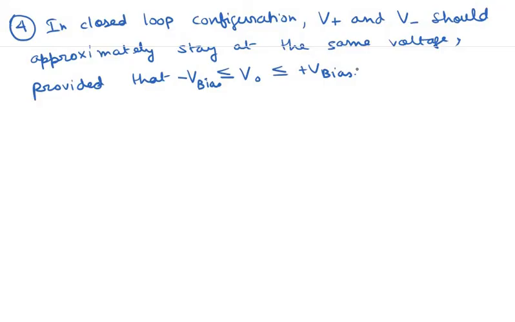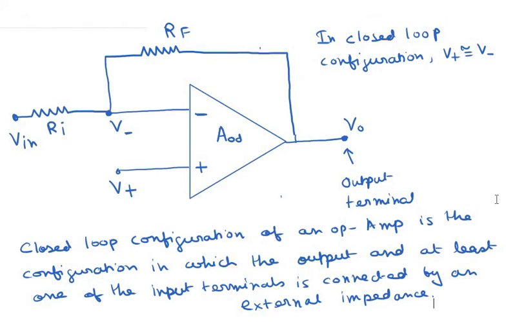Okay, so this property is known as the property of virtual short. Why this is known as virtual short is because the voltages V plus and V minus are approximately the same, which basically tells us that it is kind of shorted, but actually in reality it is not shorted.